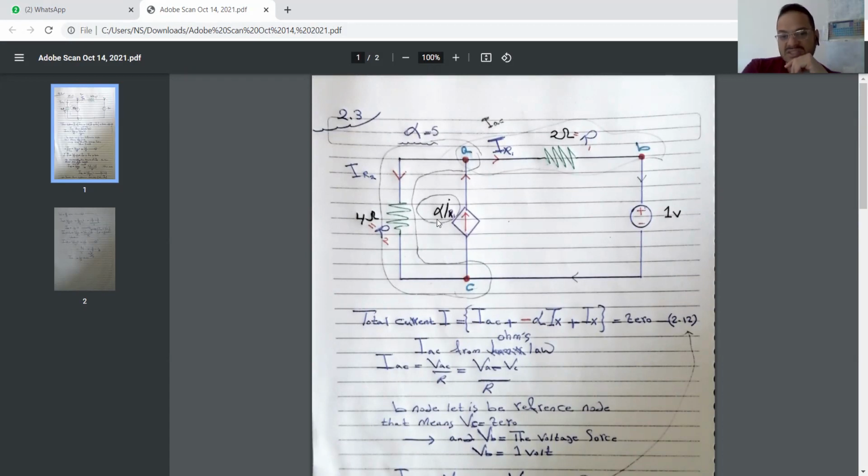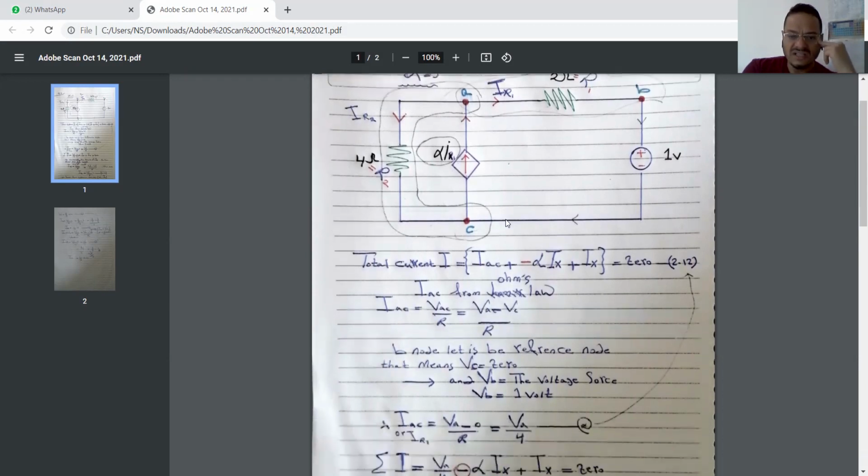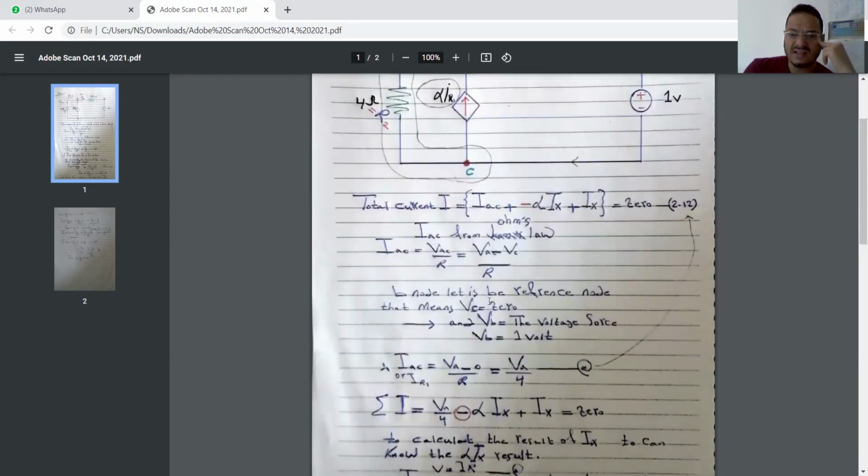The unknown element here is alpha I sub R1. That means, to know how many amperes we have within this dependent current source, we must at first calculate IR1. Let's keep going.